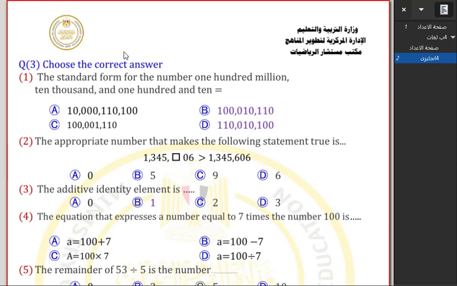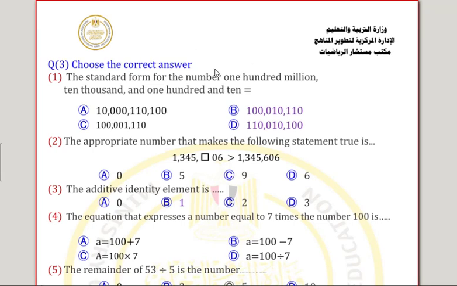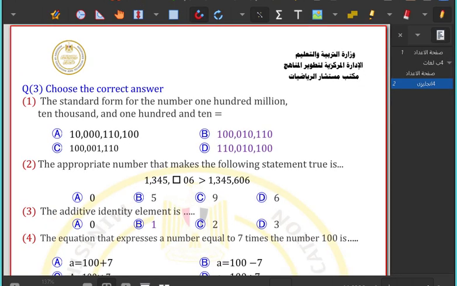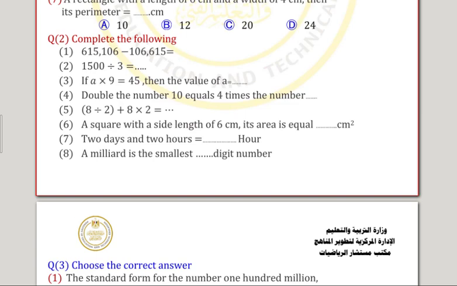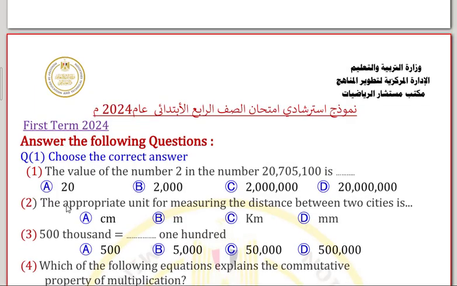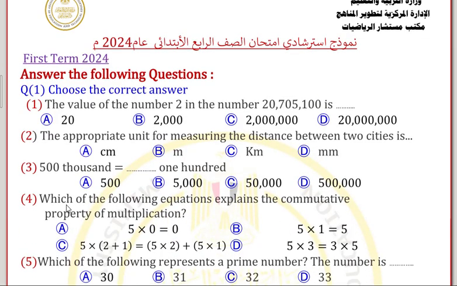So let's start solving, starting with question number 1. As you see here, question 1 is a choose question. In the number 20,705,100, he asks about the value of the number 2.